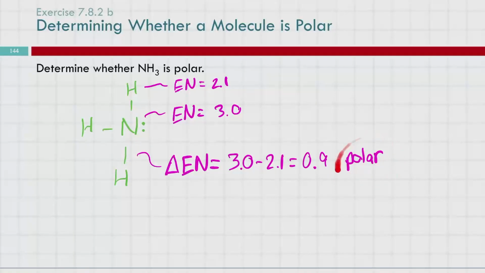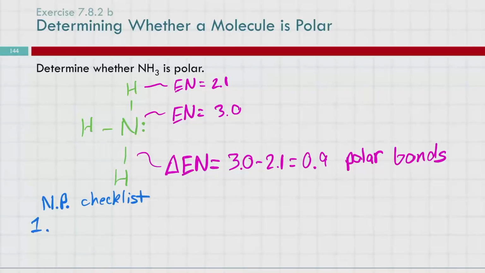So we've got a polar bond, right? Polar bonds. We can go through our Nonpolar Express checklist, our no problem checklist. Step 1, no lone pairs on the central atom.